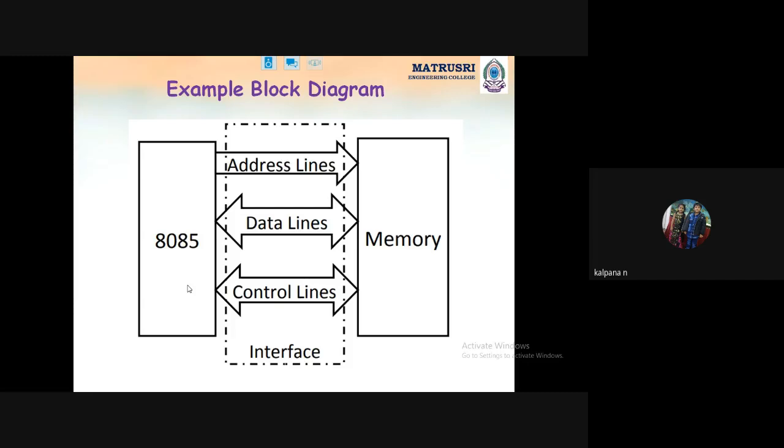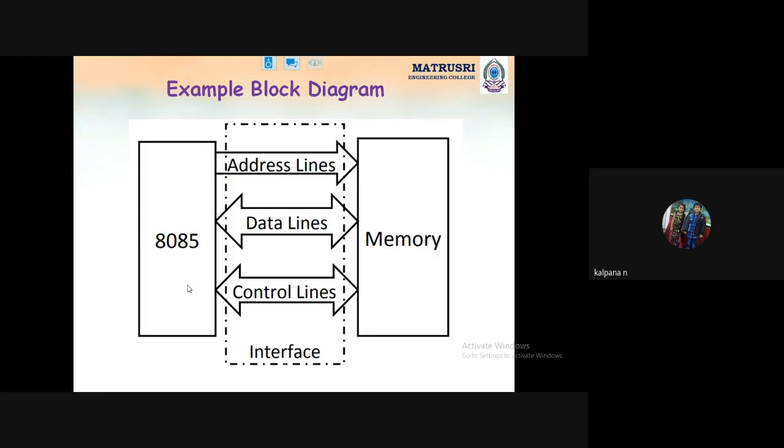Is my voice audible to all of you? This is a simple question I asked. 40 pins. Okay, so the 8085 is a simple IC which consists of 40 pins.